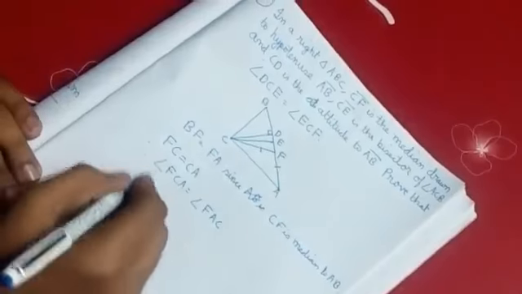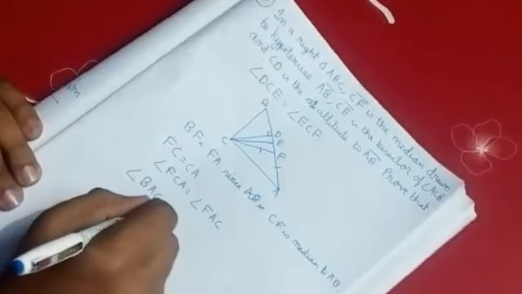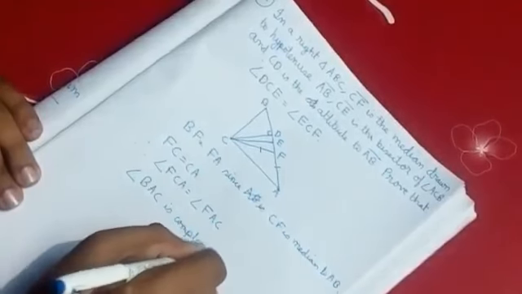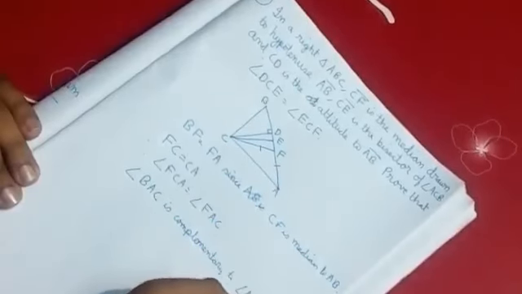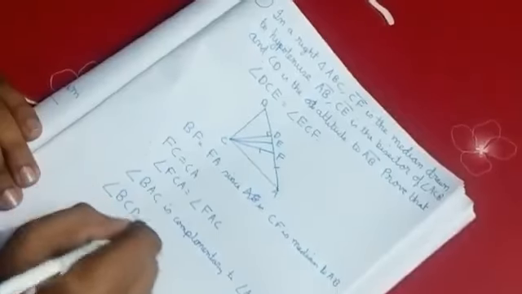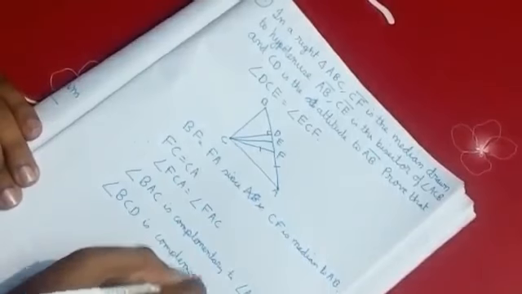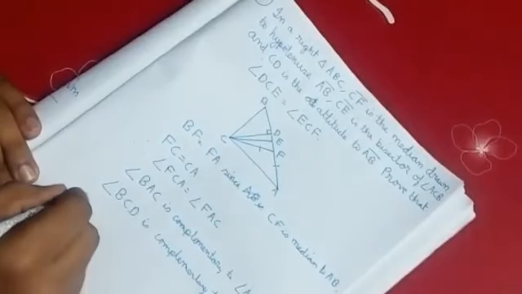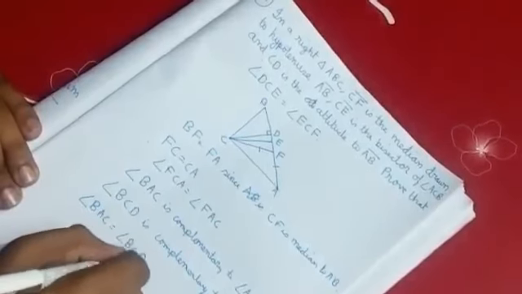Now, angle BAC is complementary to angle ABC. Similarly, angle BCD is complementary to angle ABC. Hence, we can say angle BAC is equal to angle BCD.